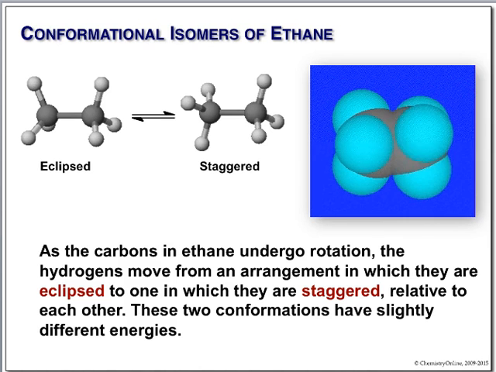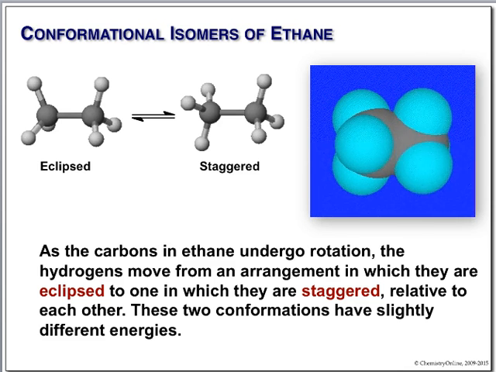Over here in the staggered, we have hydrogen down, hydrogen up. If you think about it, this hydrogen is in between these two. Now, in this movie, as it rotates, take a look as this hydrogen gets up, so it's eclipsing this other one. It gets pretty close, doesn't it?